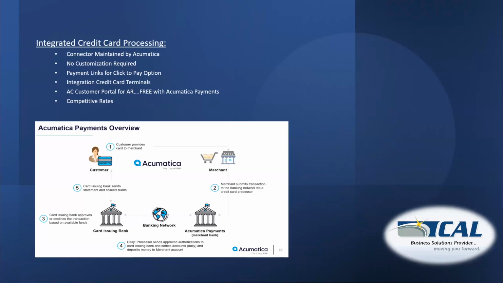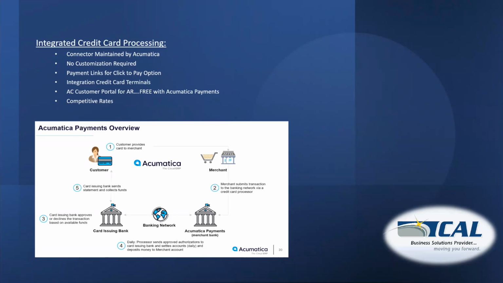Okay, so with Acumatica Payments, they do have credit card processing, but they also have ACH processing. We have a lot of prospects and customers that are transitioning over from their current platform to Acumatica Payments today as they're upgrading. We have found in every instance, Acumatica has matched, or in a lot of cases has come in and provided huge savings with their rates.